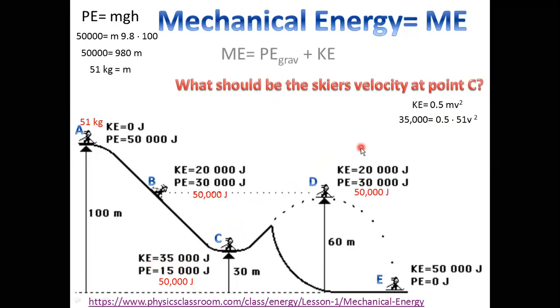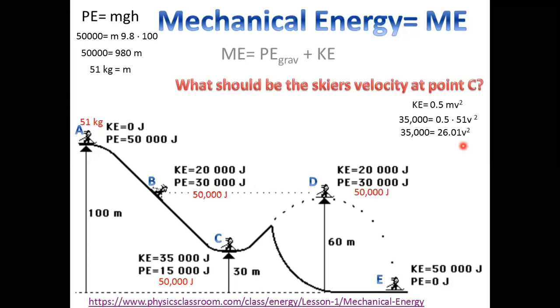So we'll just simply plug in 35,000 joules of energy at point C, equals 0.5 times the mass of the skier, which is 51 kilograms, times V squared. 0.5 times 51 becomes 26.01. So we have a new version of the formula.